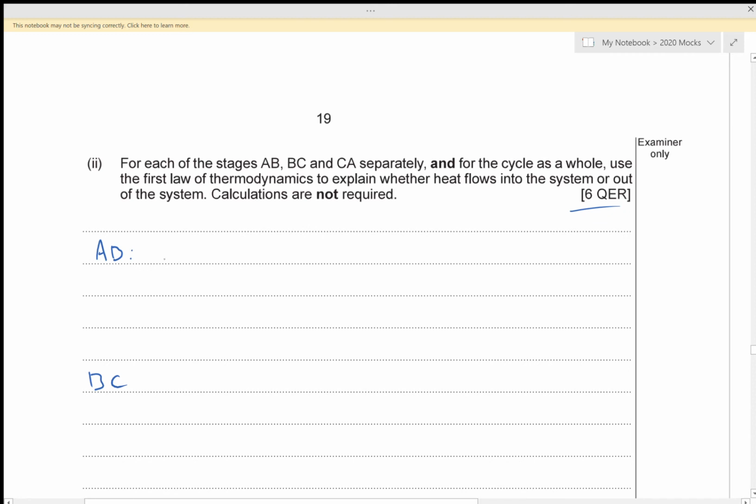So I'm going to write this very, very briefly indeed, but what I want to say, basically, I'm going to head this with the first law of thermodynamics. Delta U is equal to Q minus W. Okay, so the first point I'm going to make is work is done by gas. Volume increases. But pressure constant.